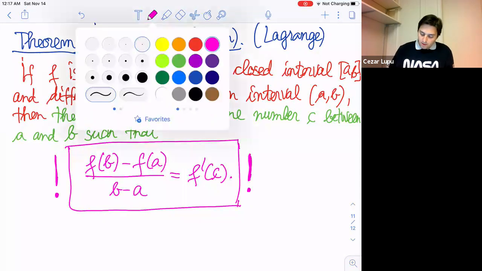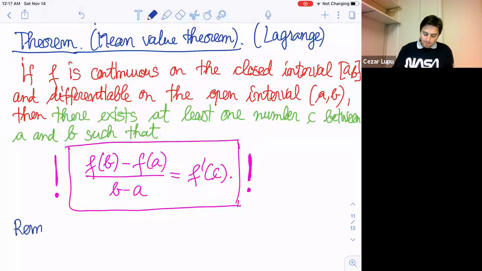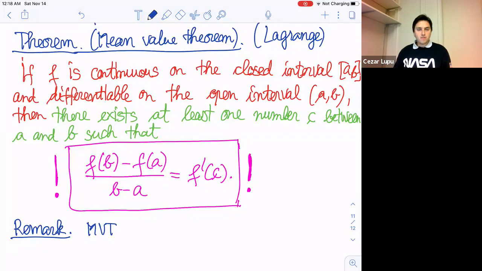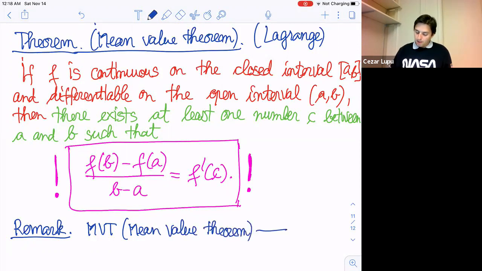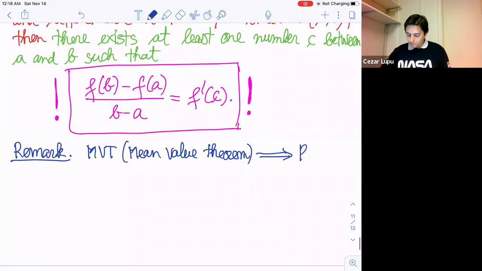So let me point out this remark. In fact, this is a much more general version of Rolle's theorem. So the mean value theorem, which I'm going to abbreviate as MVT, implies Rolle's theorem, but not the other way around.